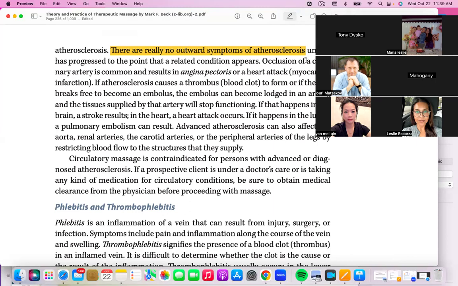The coronary artery is the artery that supplies the blood to the heart, and this is called angina pectoris, or a heart attack, if it ever affects that artery. Also, it can cause a thrombus, which is a clot. And it might break free, and then a clot can become an embolism.